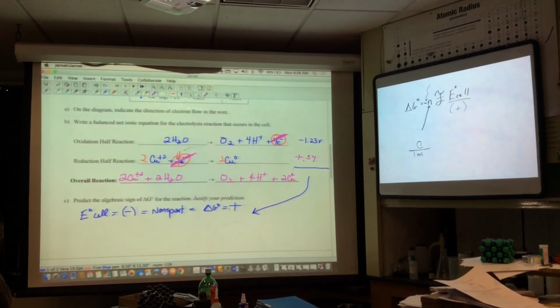So you're predicting delta G is positive because the E0 cell will be negative. Now you can use the actual real negative number. We're going to need that pretty soon.